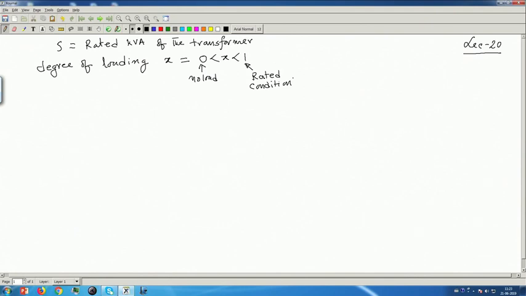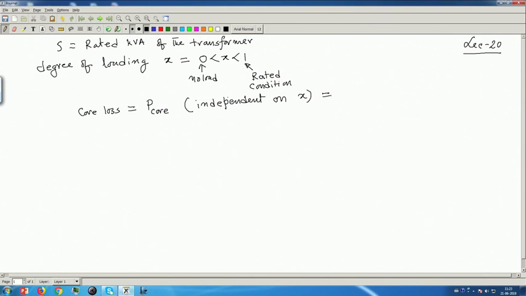Okay. Then I explained that there are two main losses in a transformer. One is the core loss, and this I denoted by P core, and this is independent of x, the degree of loading.